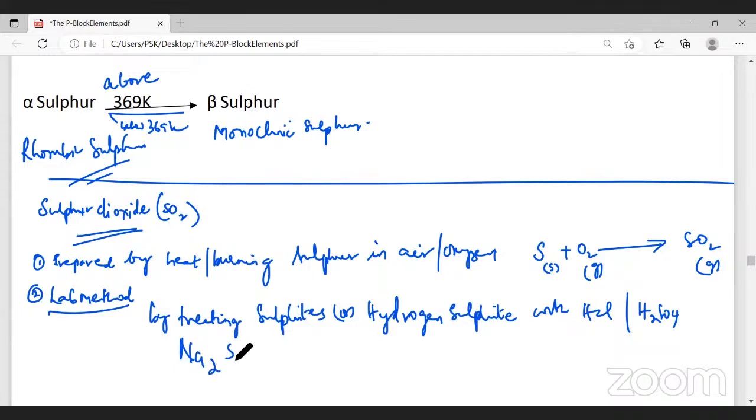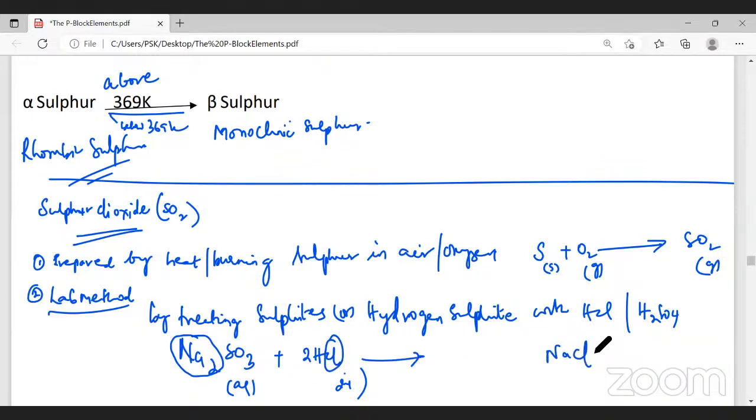Sulfite is SO3, sulfate is SO4. Take sodium sulfite. If you treat an aqueous solution of sodium sulfite with dilute hydrochloric acid, the two Na and two Cl get eliminated as 2 moles of NaCl, aqueous.